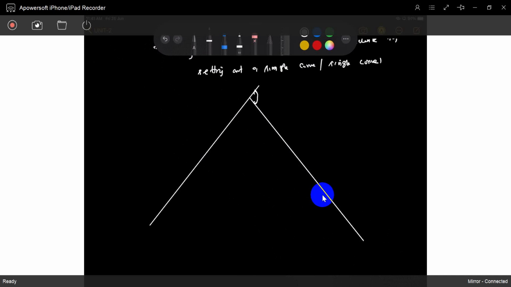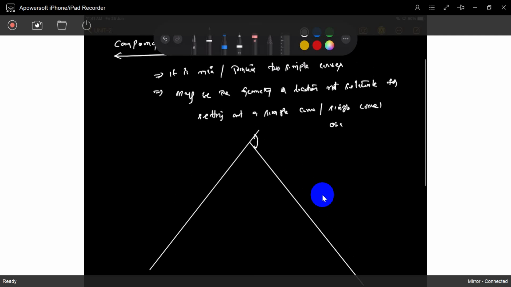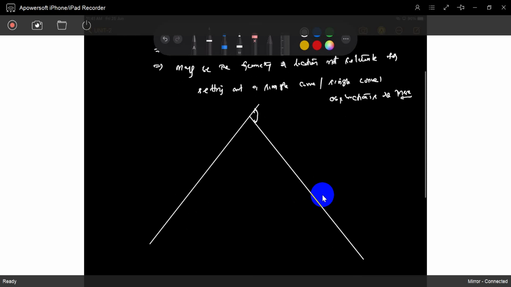Setting out of a simple curve is not possible because maybe the geometry in between those two lines is not suitable, or some obstructions are there. Then we have to use two simple curves, placed in between those two straight lines, connecting them.